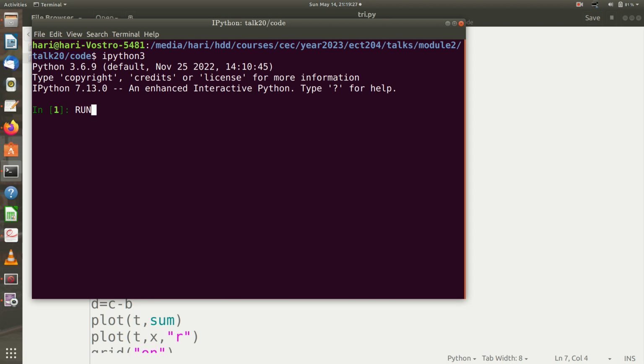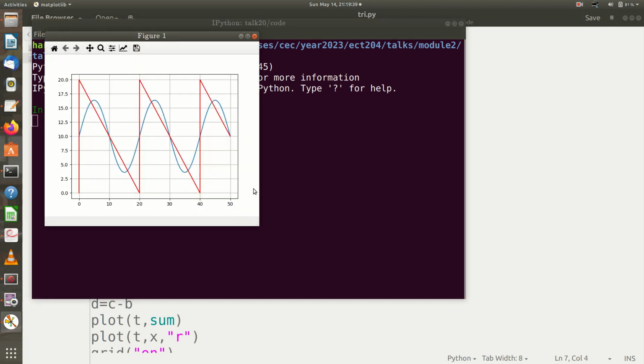I run this code. Here you can see that the two signals do not match well.